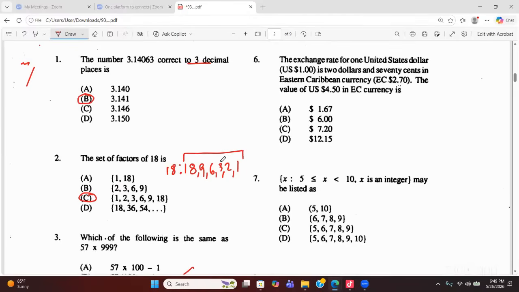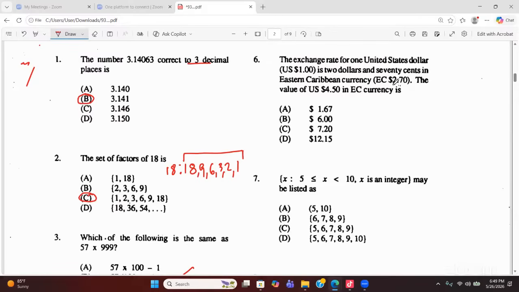All right, this question says the exchange rate for $1 US is going to be $2.70 in Eastern Caribbean money. And this one is a different one. It says the value of 4.5 US. So as you could see here, for every $1 US, it's 2.70.